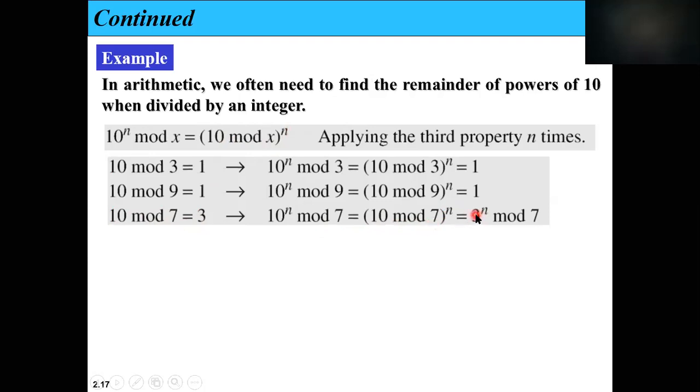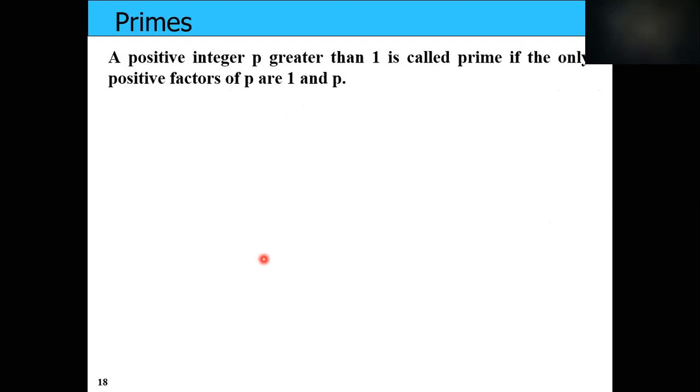In that case, this will be 3 power n mod 7. So this is quite easy, and this property is quite good while you are discussing higher powers in modular classes.